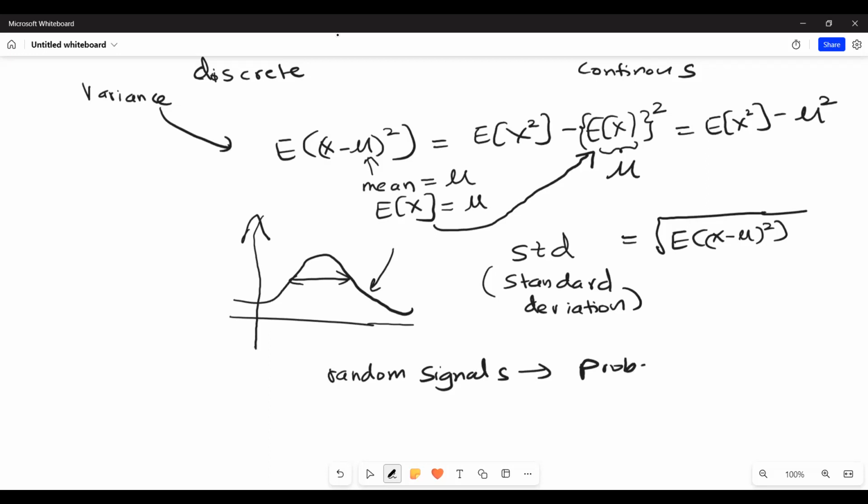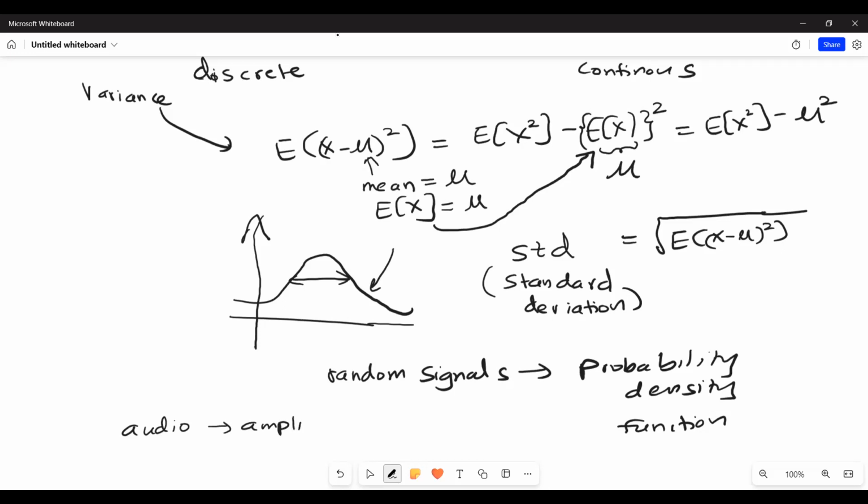Then using the probability density functions, we can find what value of the parameter occurs frequently, for example. What I mean is, if we consider an audio signal that we receive, it can have different amplitudes.